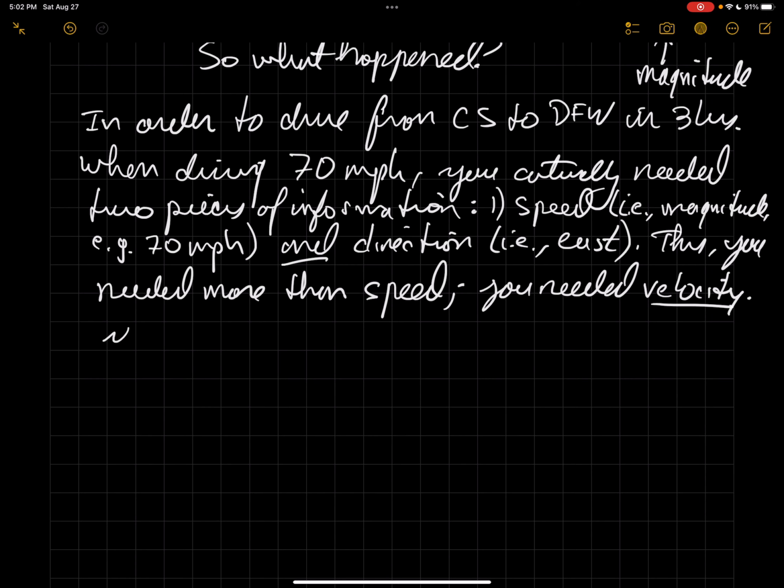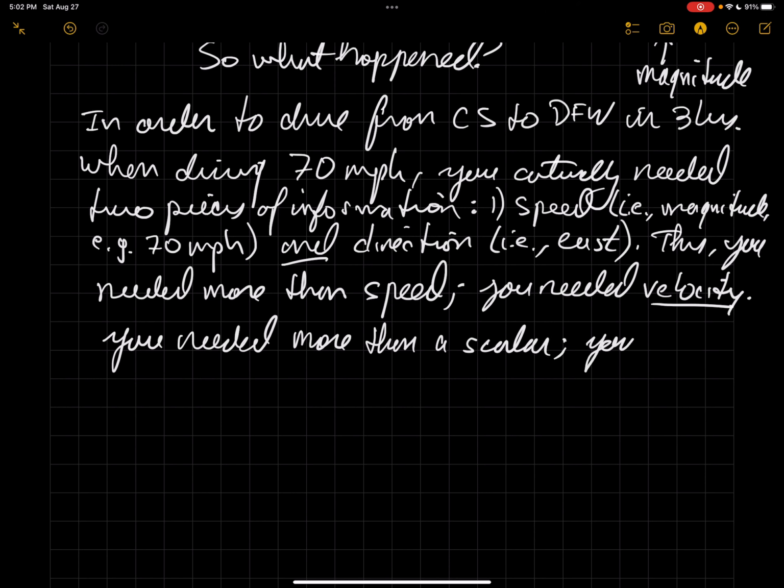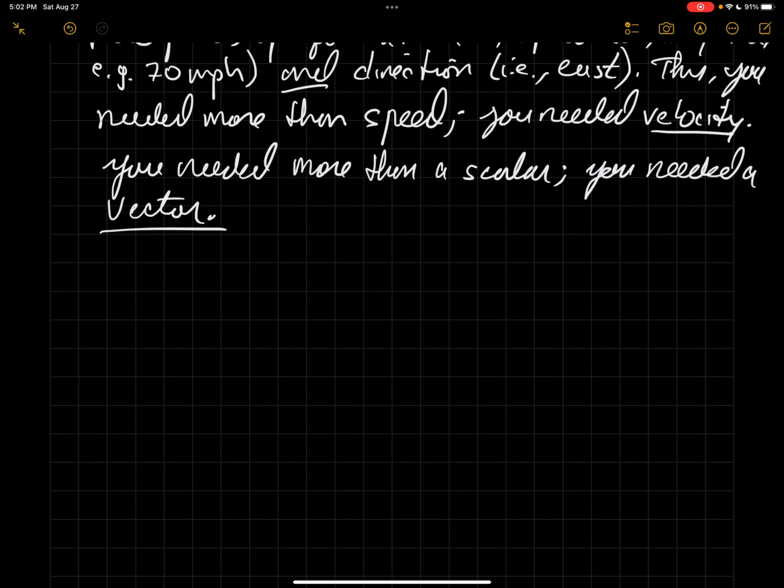But another way to say this is you needed more than a scalar. Remember that a scalar only has one piece of information. Instead, you needed what we call a vector. Okay, so let's go ahead and define what a vector is. A vector is a quantity that contains two pieces of information.